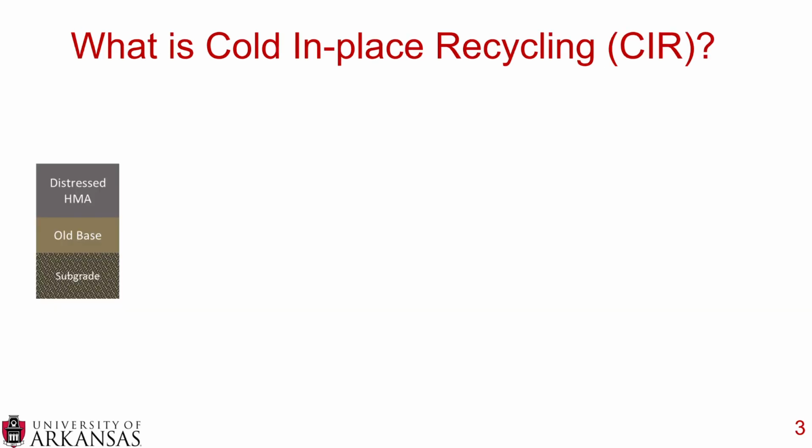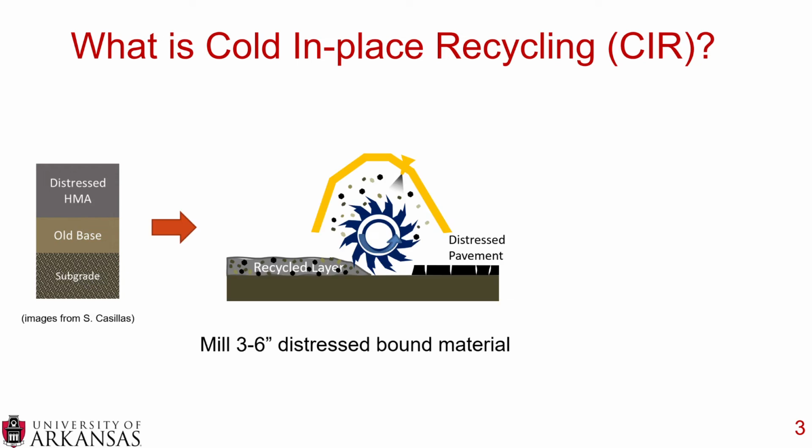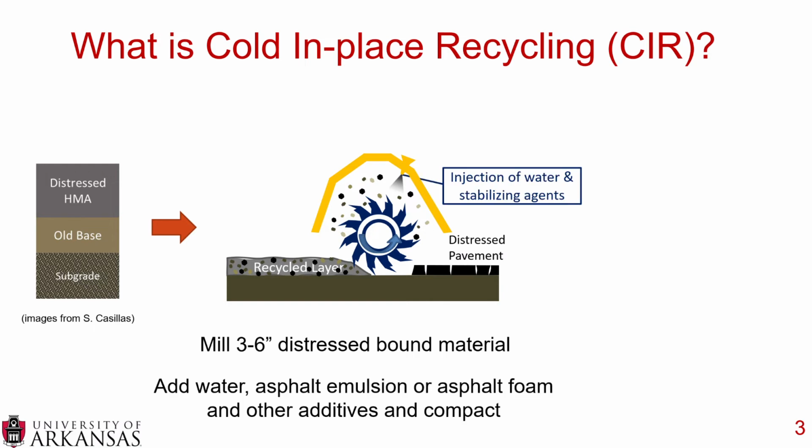So first of all, what is cold-in-place recycling, or CIR? Let's pretend that you have a distressed hot mix asphalt layer on top of an old base, which is on top of subgrade. What cold-in-place recycling does is it mills 3 to 6 inches of that distressed bound material, so only the hot mix asphalt, and it injects water and stabilizing agents.